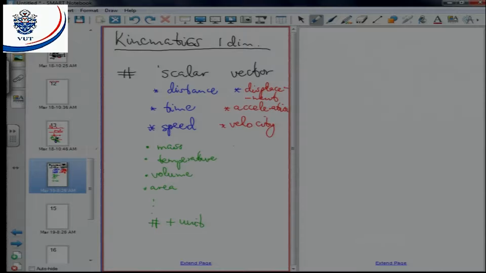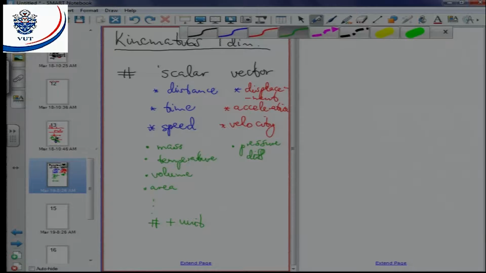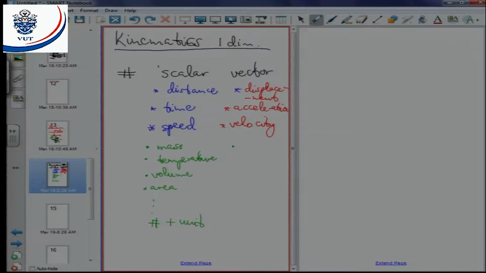And then over here we can speak about pressure differences. Actually no, so just scrape that. Yeah, so there are other examples of vectors.